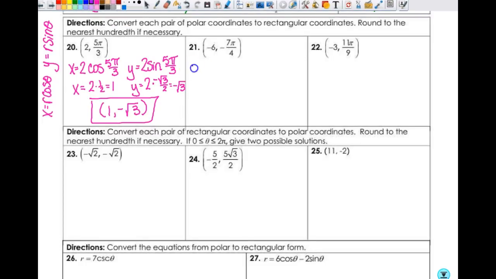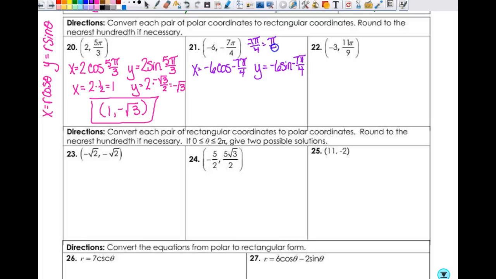All right, so then here x equals negative 6 times the cosine of negative 7 pi fourths. y is equal to negative 6 times the sine of negative 7 pi fourths. All right, so negative 7 pi fourths is in the first quadrant. So basically negative 7 pi fourths is the same thing as pi fourths.